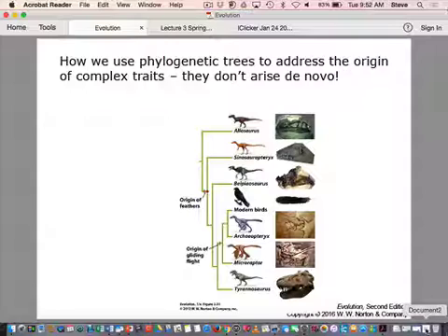Now, why do you think feathers arose? Can you think of some explanations for why natural selection might have favored the evolution of feathers? Flight, that's an obvious one. Can you think of anything else? Yep. One of the options probably would be protecting the skin from drying out, or desiccation. That's a good one. Can you think of anything else that feathers might do?